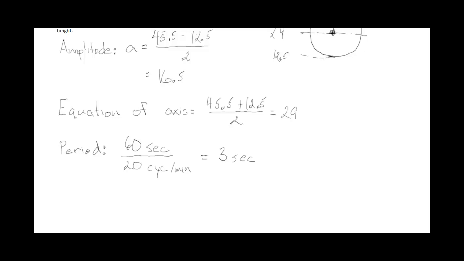Okay, so those three things should allow us to graph. Our graph will look like that. We need a scale. Remember, for the scale, always take the period and divide it by 4. In this case, that would be 3 over 4 seconds.